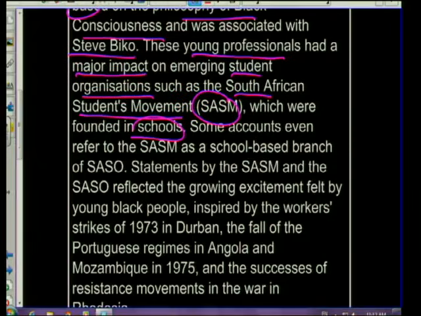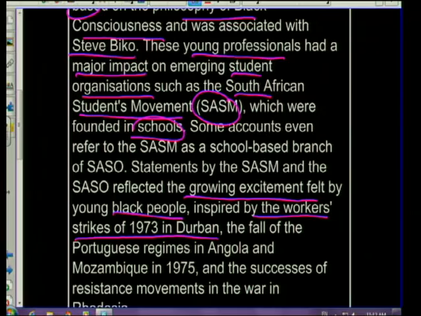If we go on, some accounts even refer to the SASM and the SASO reflected the growing excitement felt by young black people. It was inspired by the workers' strikes of 1973 in Durban, focusing on another event that catapulted what took place in 1976 onwards.